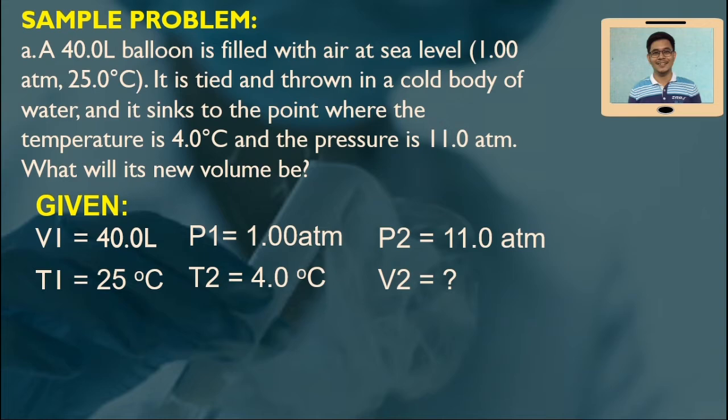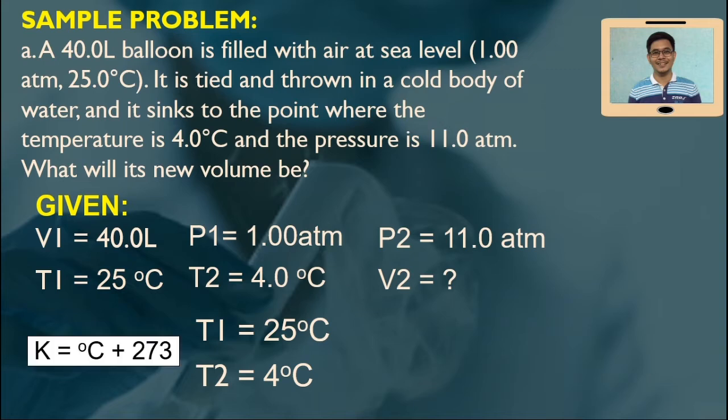And next, take note that in all the gas laws that govern the behavior of gases, the temperature must always be expressed in its absolute temperature, which is Kelvin. That's why our initial temperature, which is 25 degrees Celsius, will be converted into Kelvin, and also our final temperature, which is 4 degrees Celsius, must always be converted into Kelvin. So let's convert first our T1 and T2.